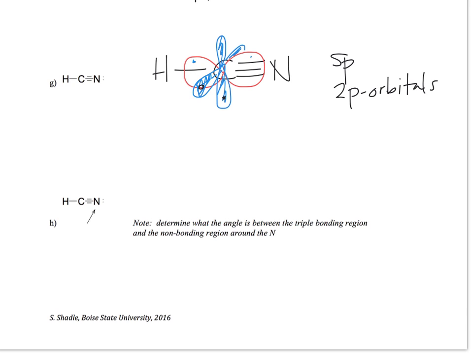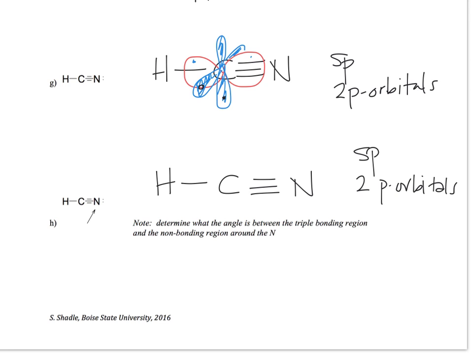Let's get this one set up by looking at what the nitrogen would look like. The nitrogen also has 2 regions of electron density around it. So if we draw this bigger, the nitrogen has 2 regions, so it's going to use sp, and it's going to have 2 p orbitals left.